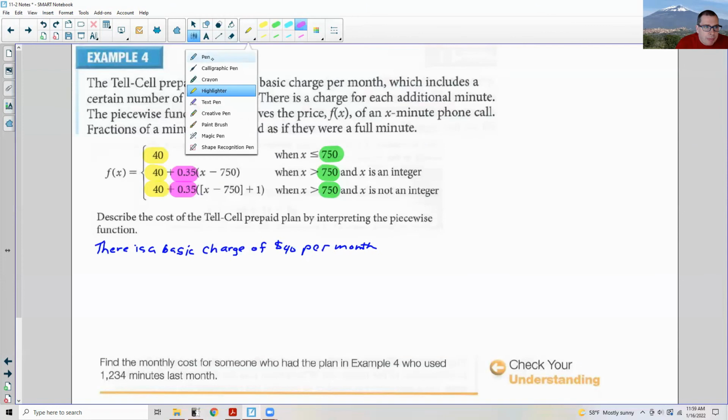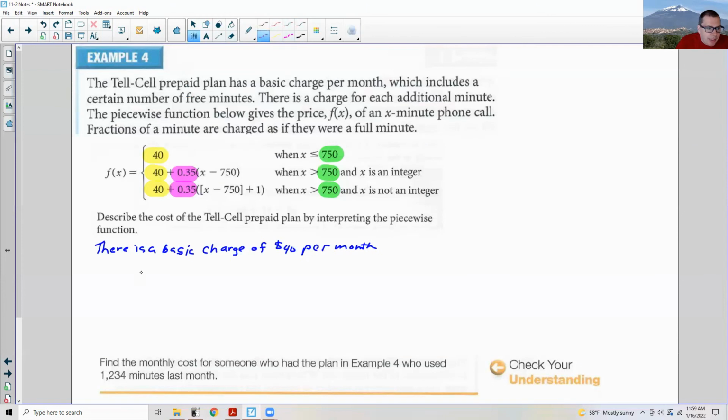So I can now wrap this up and we're finished with the question by saying for each additional minute there's a charge of $0.35 per minute for any value over this 750.